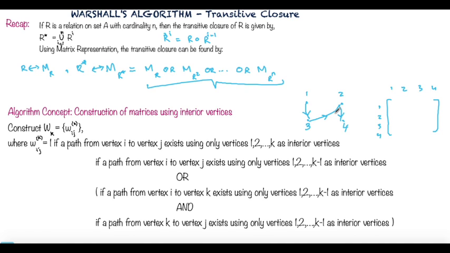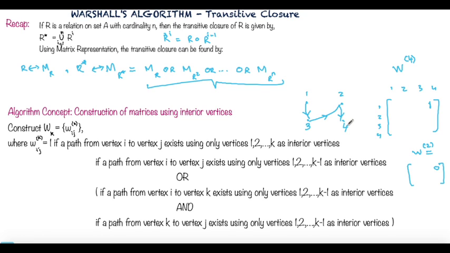For 1 to 4, a path exists using 2 and 3. Therefore, if we are trying to find W of 4, then we have a 1 at the 1-4 location. But if we are trying to find W of 2, then at the 1-4 location we have a 0, because W of 2 means that we are only allowed to pass through vertices 1 and 2, and using only those we cannot reach 4.